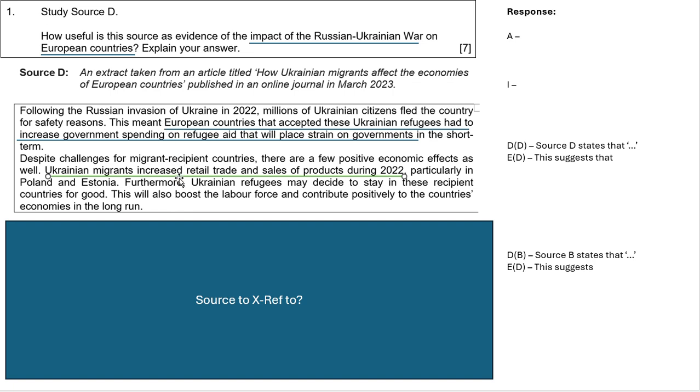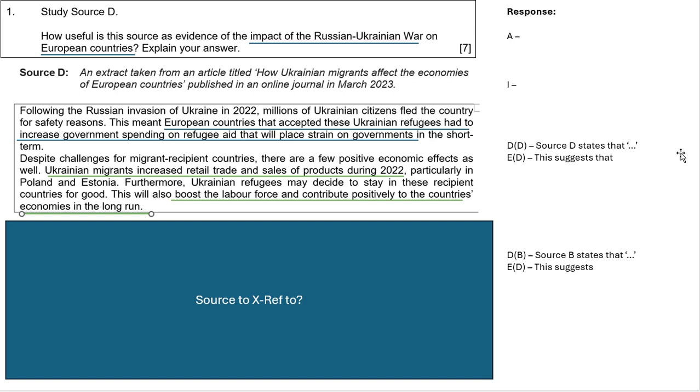And furthermore, some of them might stay in these countries for good. What's so good about that is they will boost the labor force so they can participate in the workforce. And when they are working, they can contribute positively to the country's economies in the long run. So basically these parts that I've underlined are details that essentially relate to the idea of the impact on European economies.